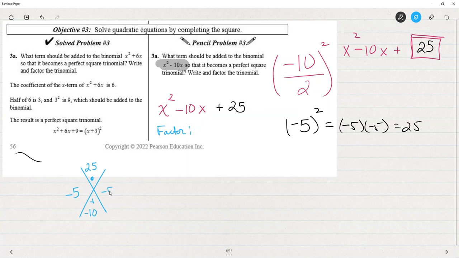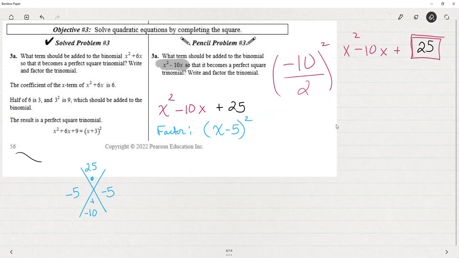It's negative 5 and negative 5. So when I factor this, I'd get x minus 5 times x minus 5, or just x minus 5 quantity squared. So the first part, what number do you add? We added the 25, and then the second part, factor it. X minus 5 quantity squared.